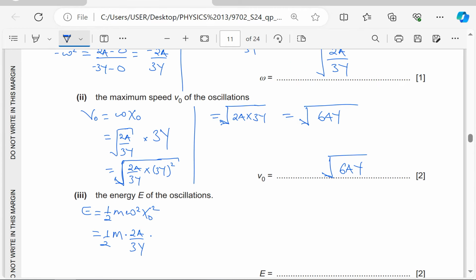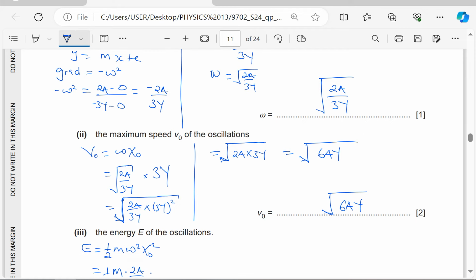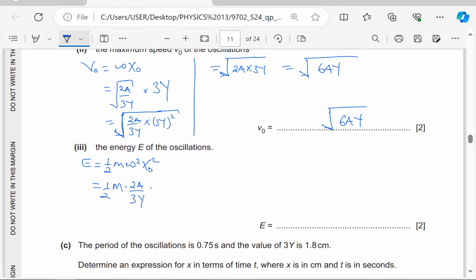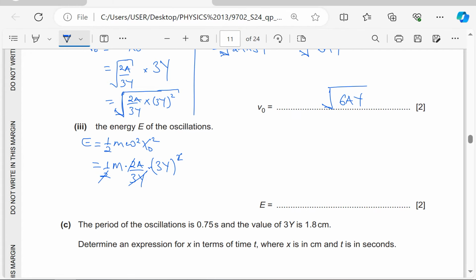Where there is x naught squared, remember x naught was 3y, so I'll simply say 3y, but the whole of this is squared. So the square here cancels with this, and this 2 cancels with that. So I remain with 3y times a times m. The order doesn't matter.